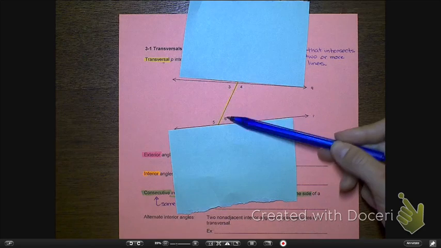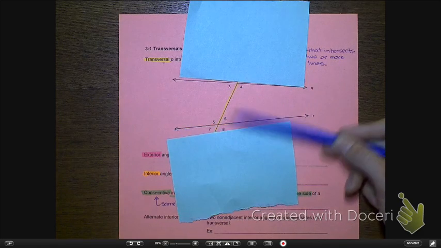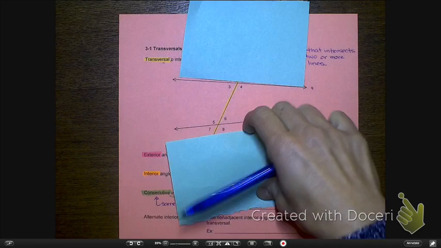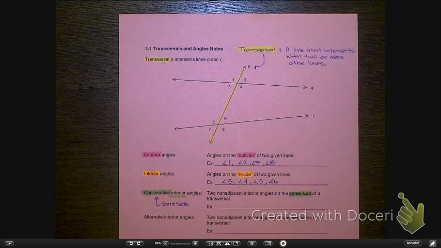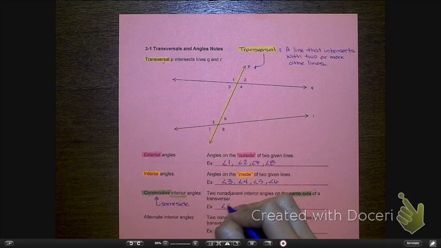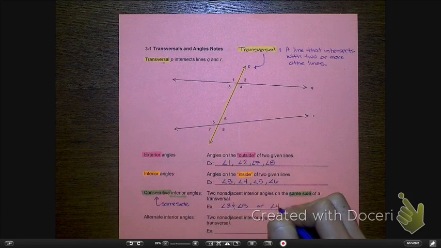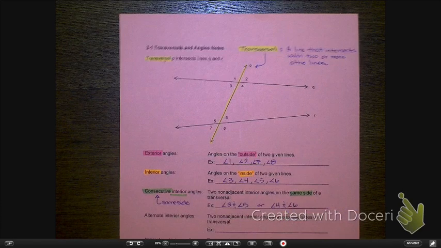So 4 and 6 are consecutive interior angles with each other, and 3 and 5 are also consecutive interior with each other. So we're going to say angles 3 and 5, or angles 4 and 6. Usually when we refer to consecutive interior angles, we're talking about a pair of angles, because related to each other, that pair is on the same side and they're both inside.